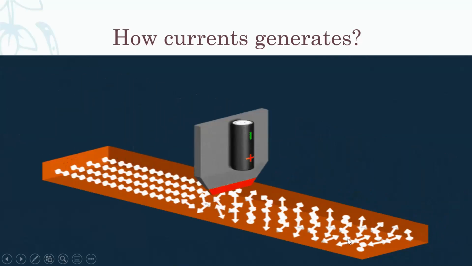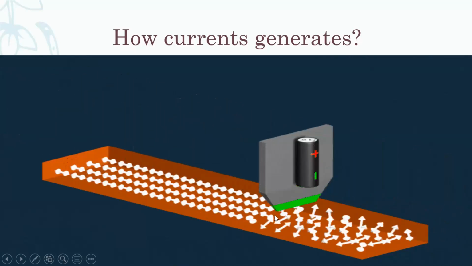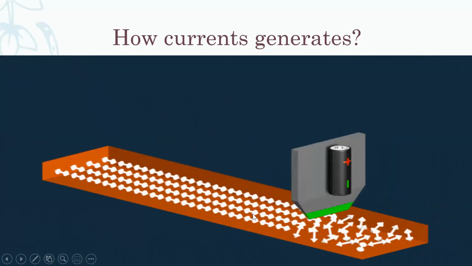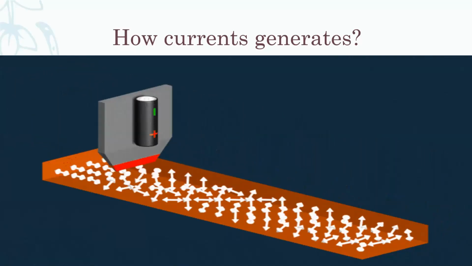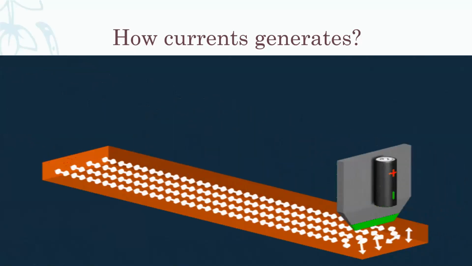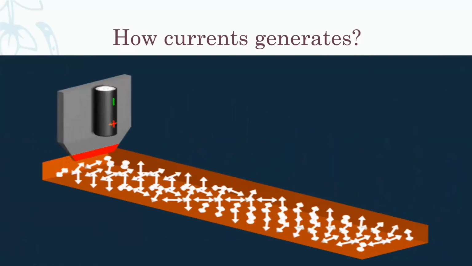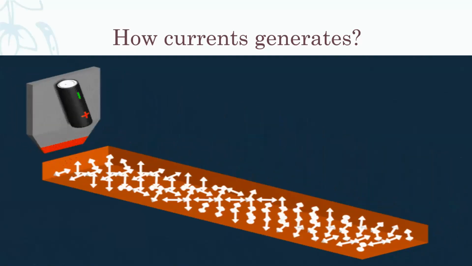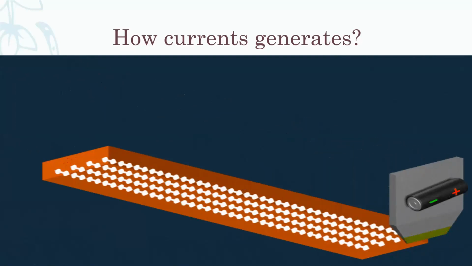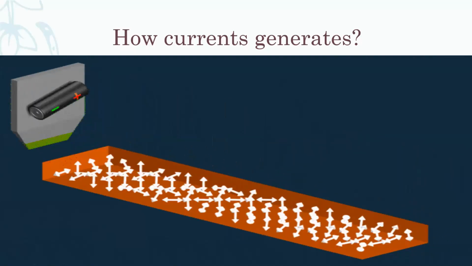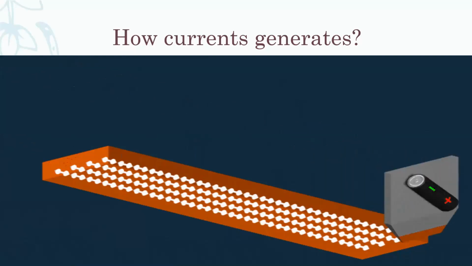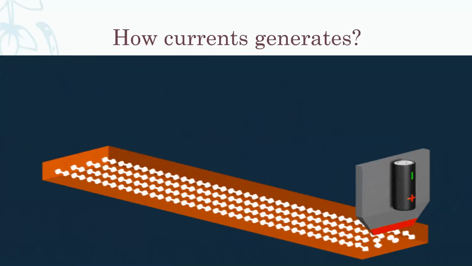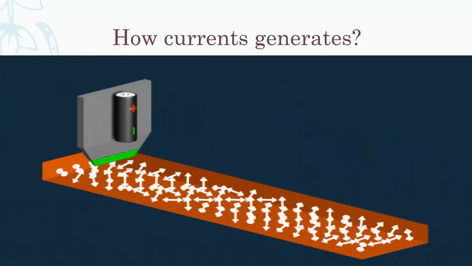But in the same cycle, if the negative pole comes, they will become unaligned. After completing the cycle, the next cycle will start, and when the positive terminal comes again, all the atoms or molecules of the material align again, and that will cause the current. So the current will be produced in pulses, with an on and off character. So this is all about how currents are generated.